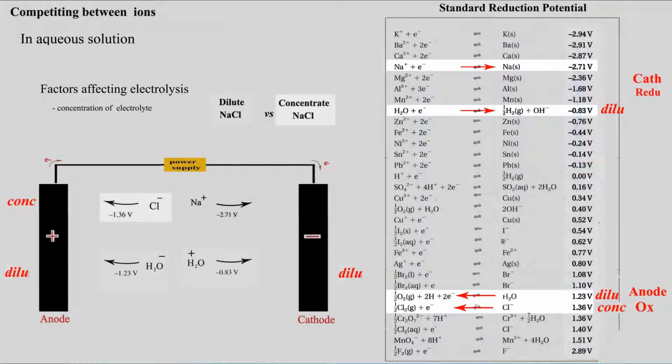Now look at the standard reduction potential table. Look at the values of water and chloride. They are very close, one next to each other. And being so close, if you have a high concentration of chloride, it can make chloride win. So in a concentrated situation, the winner is going to be chloride at the anode.